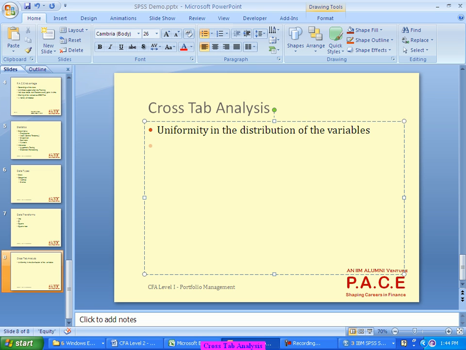So if the variables are, let's say, in a 60-40 ratio, then even when I add a second variable, they should be more or less in a similar ratio. Otherwise, probably the gender is in a different aspect.